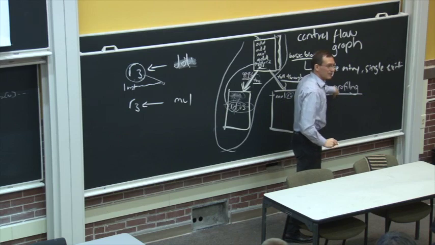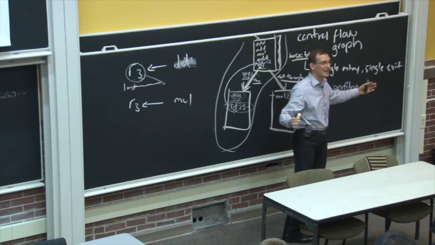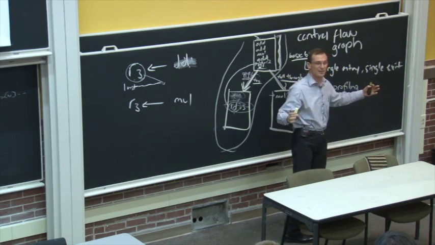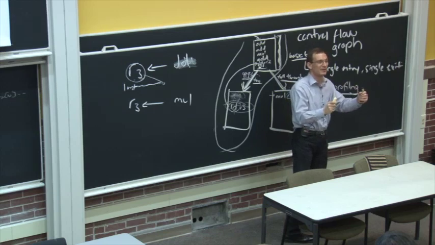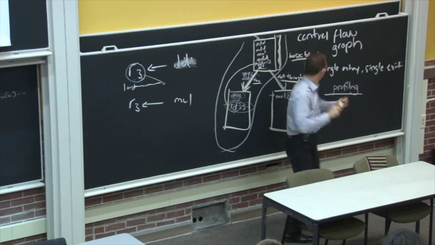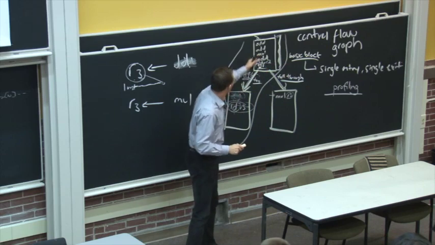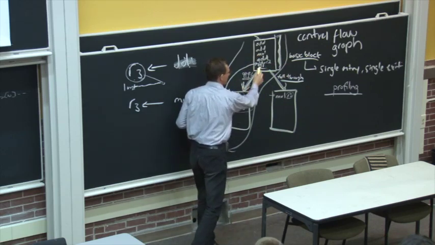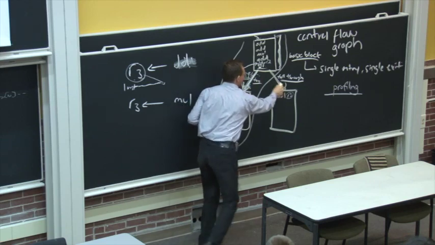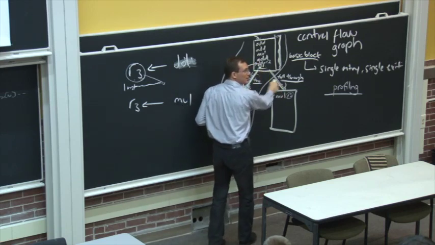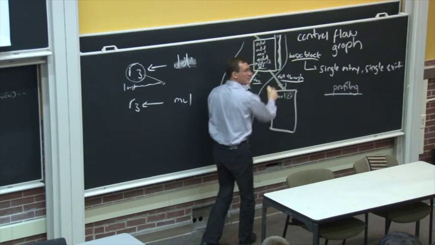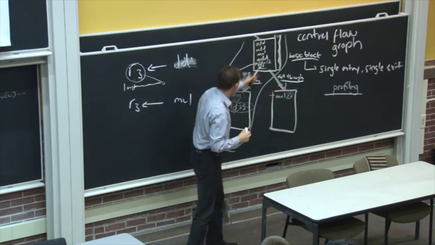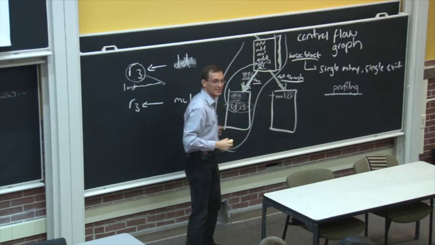This means the compiler can run a representative input set, run the program before the actual run, and figure out how often each of these control flow paths, each of these arcs, is exercised, how often this branch is taken versus not taken.